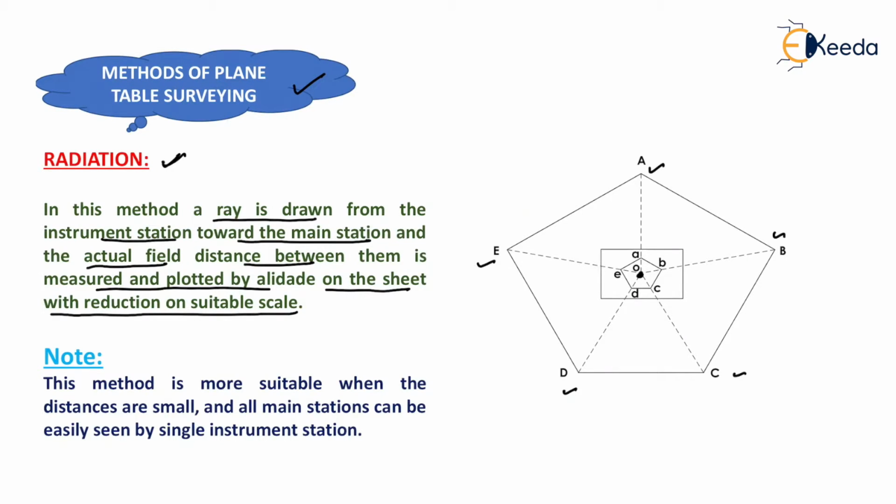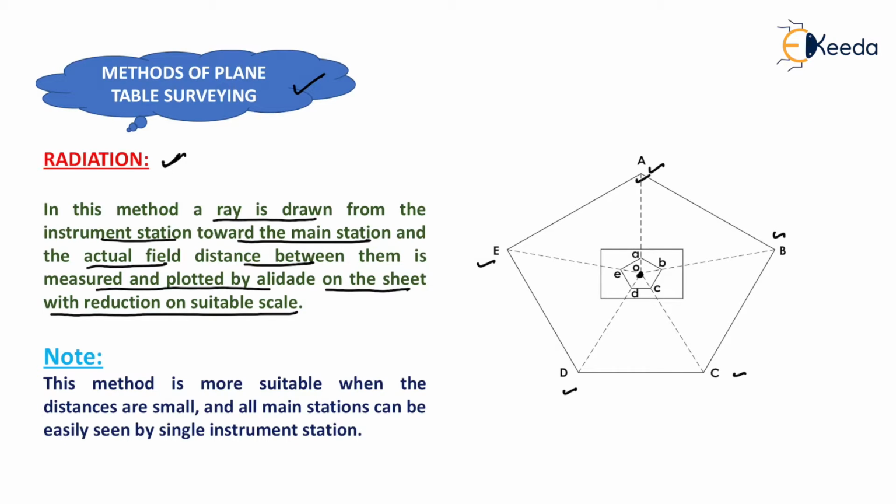Let it be O. Now we can measure the distances OA, OB, OC, OD, OE directly with the help of a tape or chain.